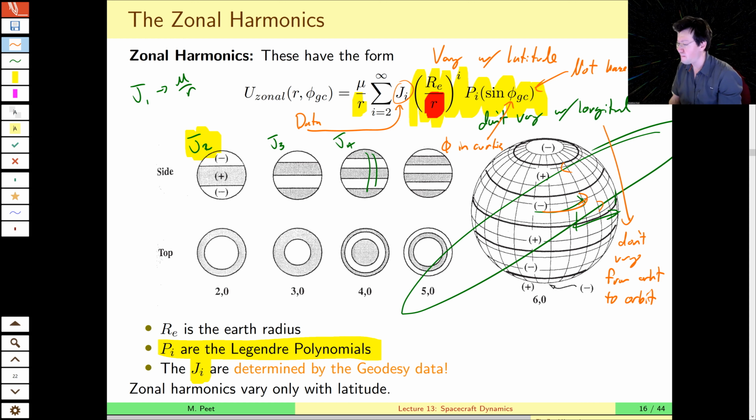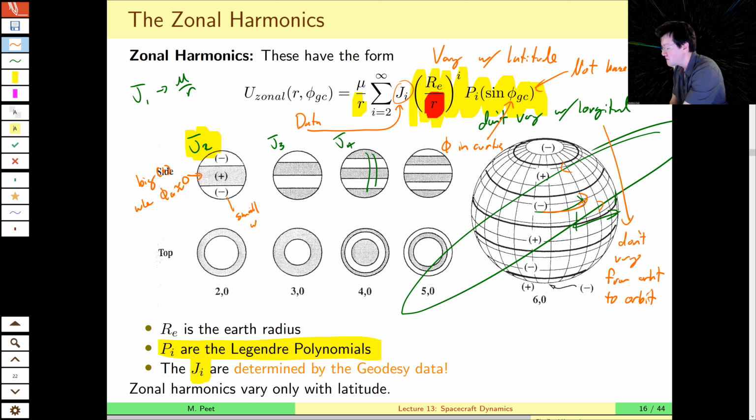So if we look at this, say we're taking the first harmonic, what you expect to see is that this should be big or positive when phi g is approximately 0, and small or negative when phi is around 90 degrees.